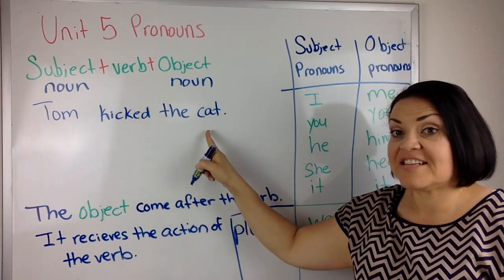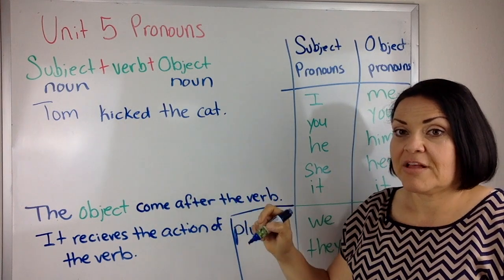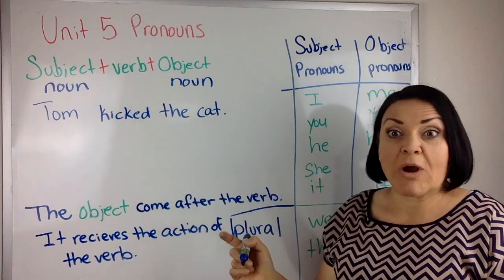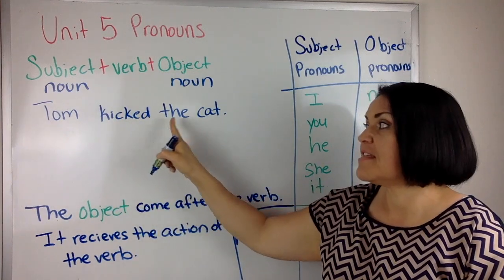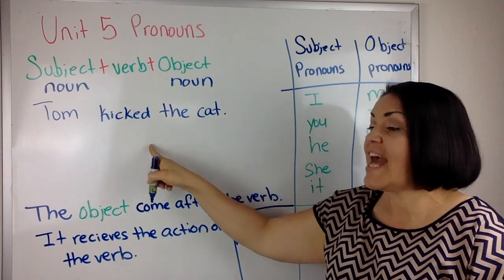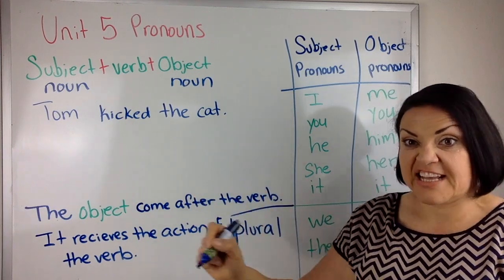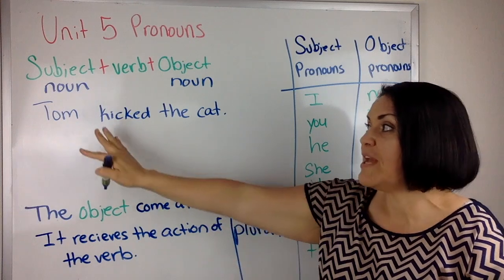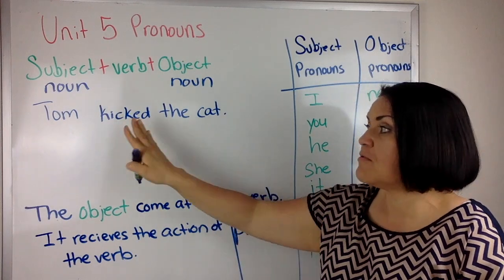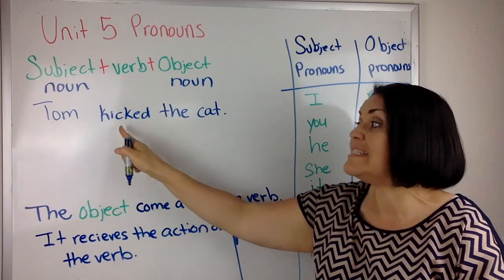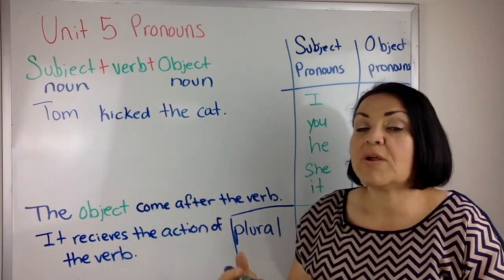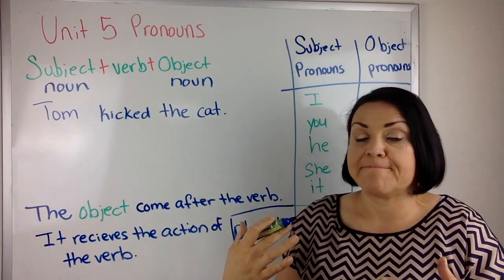The cat got kicked. The subject is who, right? So Tom kicked the cat. The cat is receiving the kick. So we have a noun and the verb, and this is what the object is. They're receiving whatever the verb is giving them.